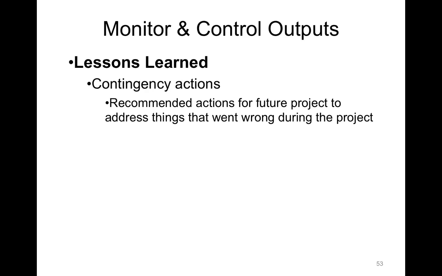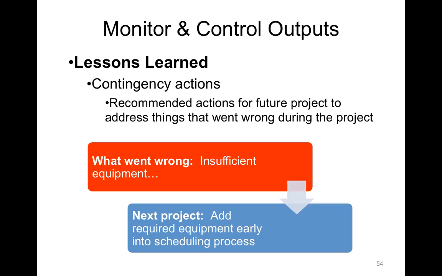So some things that could go wrong: inefficient equipment. What could we do in the future? We could add required equipment early into the scheduling process, so that we aren't worrying about inefficient equipment later on. We would just schedule that earlier on and make sure those resources are available.